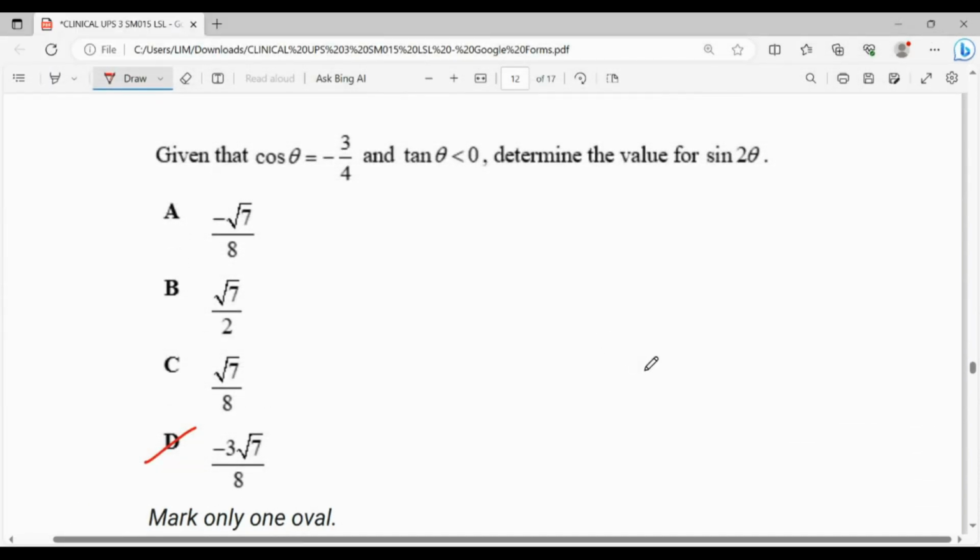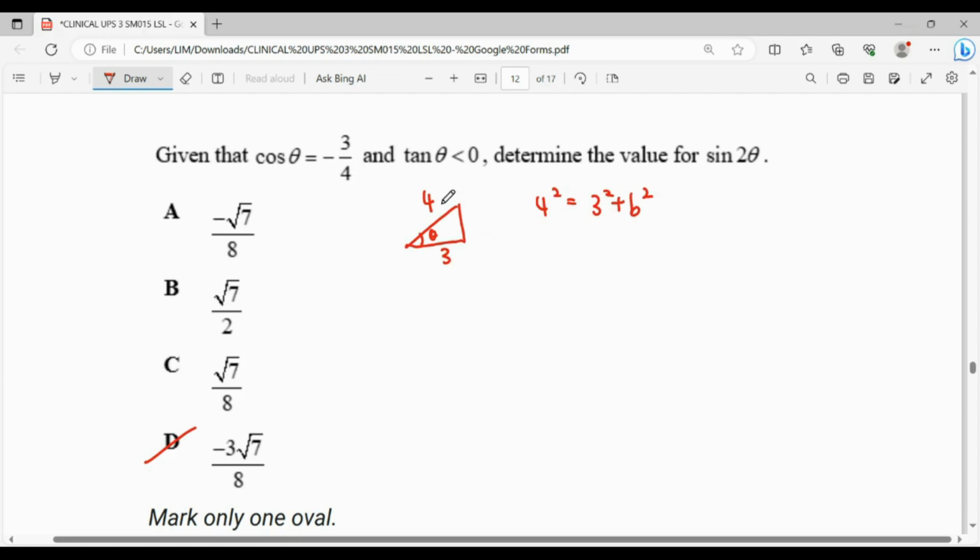Next, given that cos theta equals negative 3 over 4. First we draw out our triangle so that we can read what is the adjacent, opposite, and hypotenuse. So cos is adjacent over hypotenuse, 4. We have to find this opposite length using Pythagoras theorem: a square plus b square equals c square.